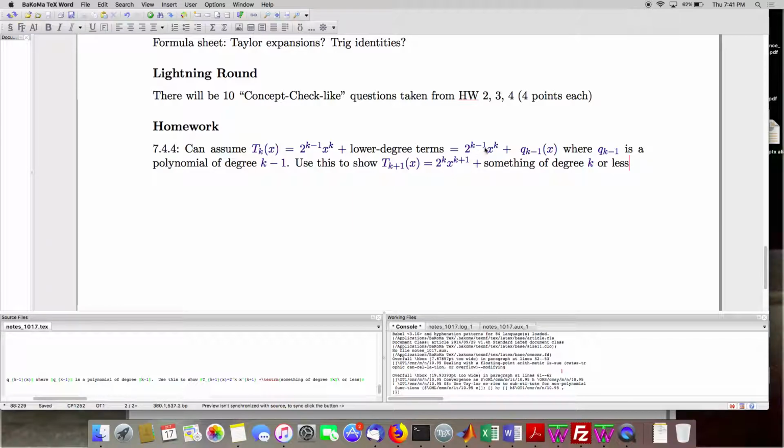By writing it in this form, something times x^k times this, where you're stating that this is a polynomial of degree k minus 1 or less, you know what its degree is. If you build up other expressions from things like that, again, you know what the degree is. So hopefully that helps.